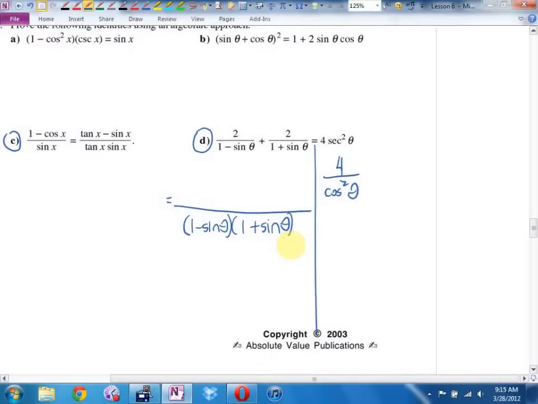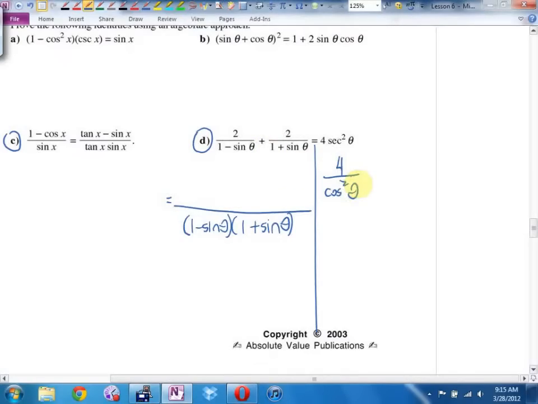Is that okay? Now, right when I wrote that, I got my nerdy adrenaline rush, because if I FOIL this out, I'm going to get 1 minus sine squared, which is cos squared. So that told me I was on the right track. Oh, and I got a couple of 2's. I'm pretty sure I can get a 4 out of that somehow with a bit of magic.